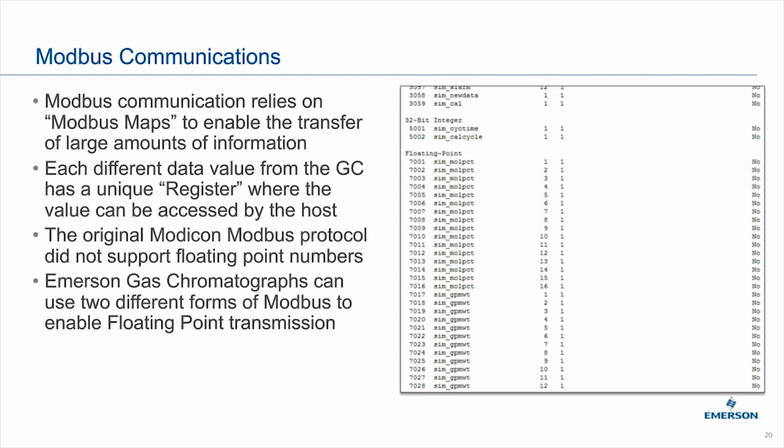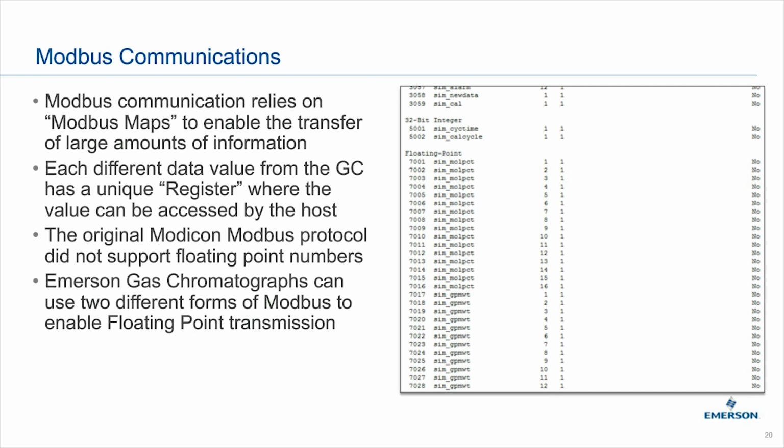Modbus communications relies on Modbus maps. These are configured maps that are configured in the slave device, and the same Modbus map needs to be configured in the host device, because this is the mapping of where the information resides. So each data value from the GC has a unique register where the value can be then accessed by the host. The original Modbus protocol comes from 1979.